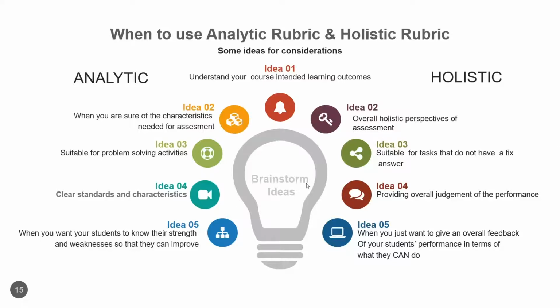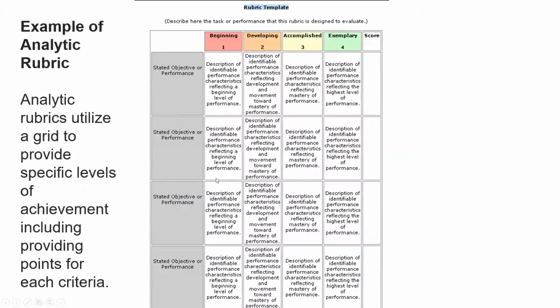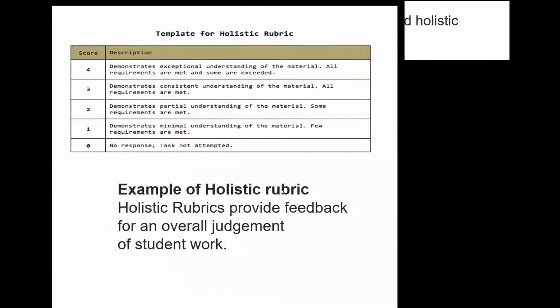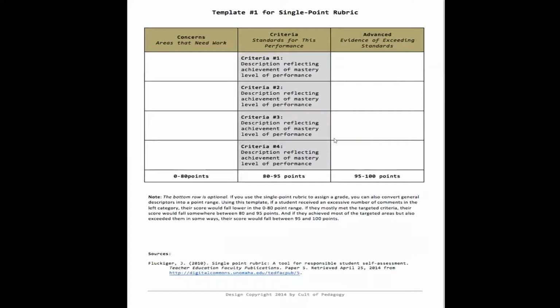Well, remember I showed you the next question was about both in combination, is there any rule of thumb? If you want to consider using the single point rubric, this will be the combination, kind of like a combination, because you do have the criteria, but you also need to provide the information.